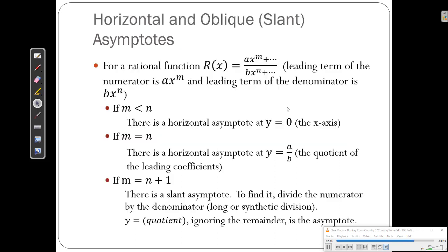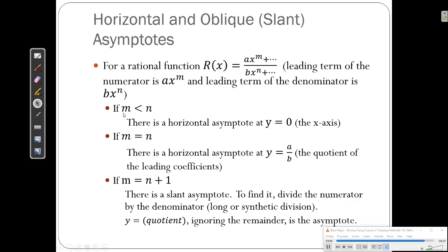We could also have horizontal or oblique, sometimes called slant, asymptotes. They're slanted lines. To find those, you need to know what the leading term of the numerator and the denominator are, and what kind of asymptote you have depends on the degree.